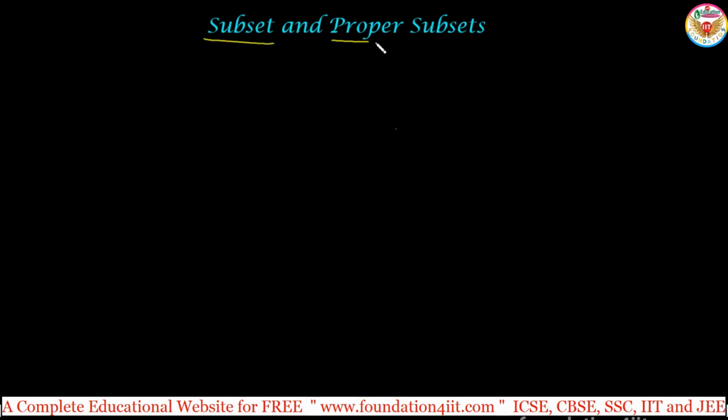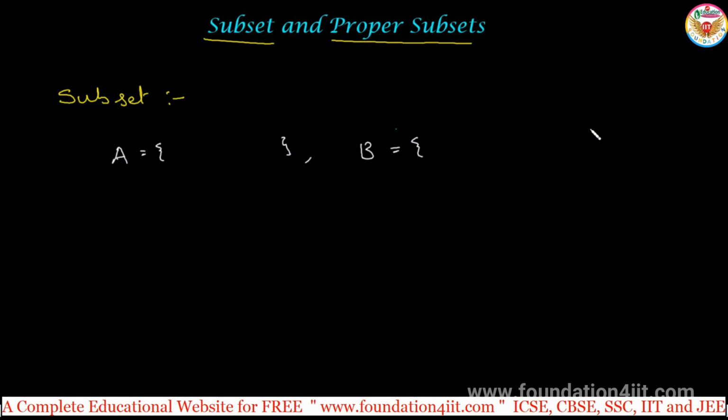Subset and proper subset. First, let us see about the subset, then we'll discuss the proper subset. When you come to the subset, in the word we can get some meaning. Let us take some sets A and B. Set A is having elements and set B is having elements.